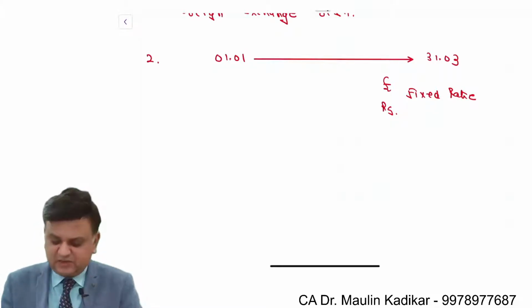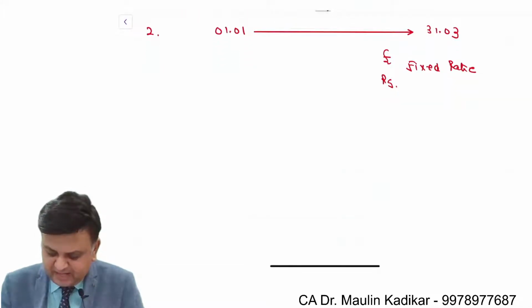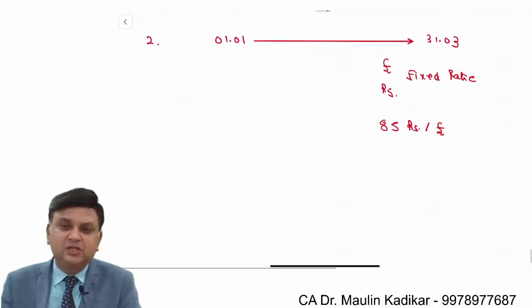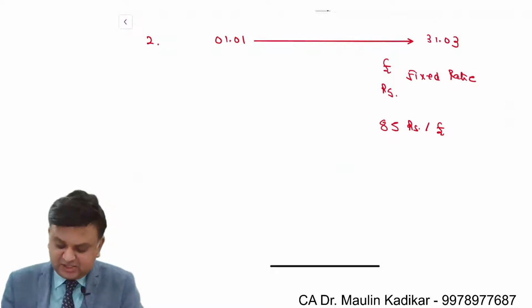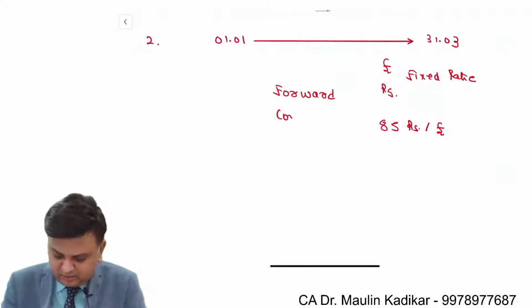Suppose, just for the sake of example, the bank is giving the rate of 85 rupees per pound. This is given a technical name: you can enter into a forward contract for conversion of one currency into another.